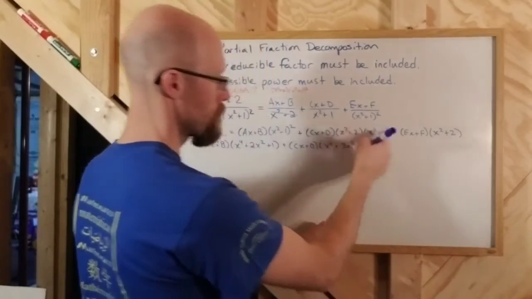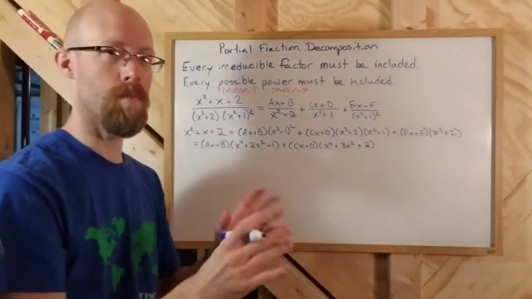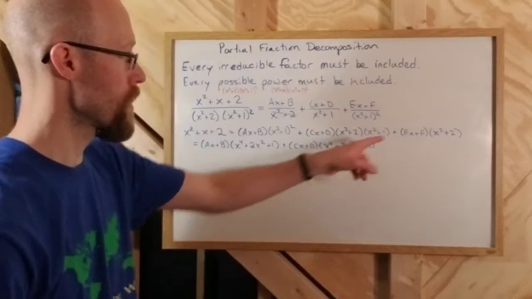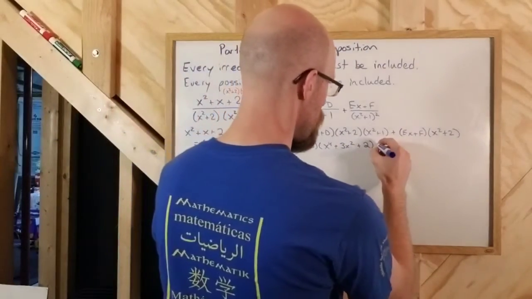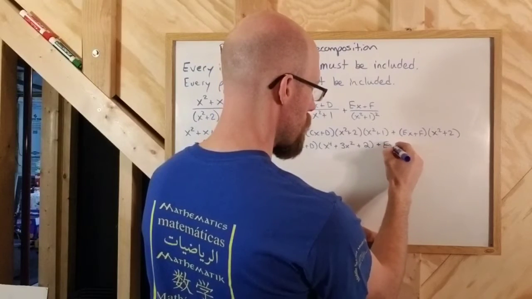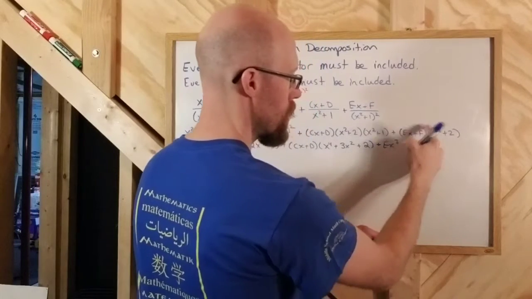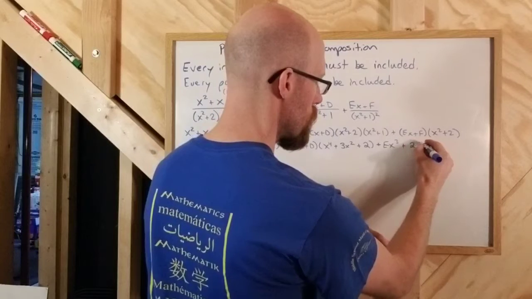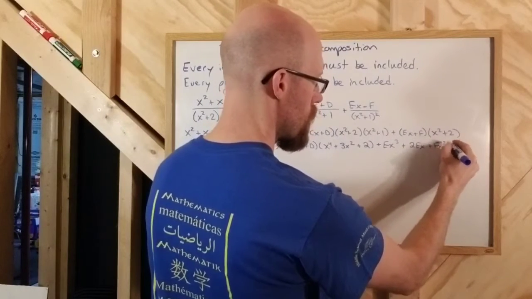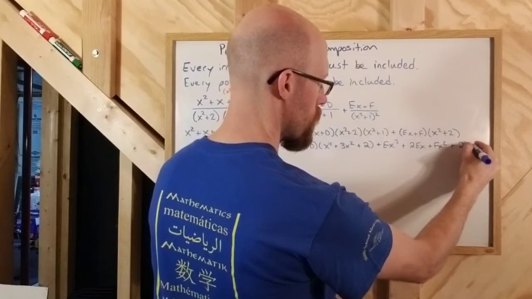So I'm doing basically the FOIL method, but I'm skipping that middle step and just combining the two terms in the middle right away. And then down here on the end, I've got ex times x squared, which is ex cubed. Ex times 2 is 2ex. F times x squared is fx squared. And f times 2 is 2f.